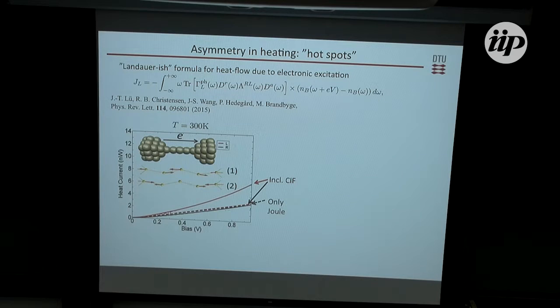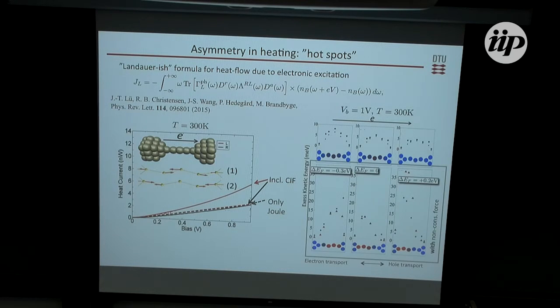But the point is that if I only have the fluctuating force, only have the Joule heating, then it's the same energy flow in this symmetric structure to the left and the right. That's these dashed lines, red and black. But if I include the current-induced forces, then we get a different heat flow to the left and to the right.